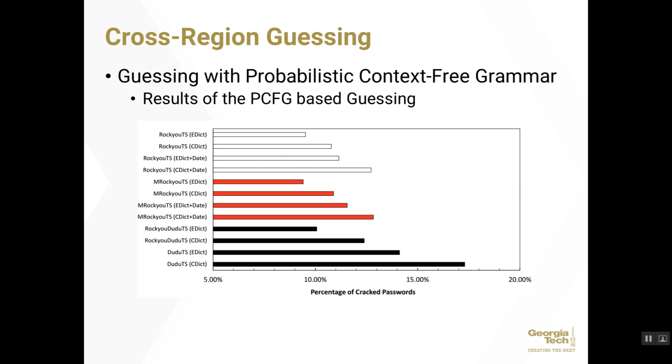Finally, if we use the Chinese dictionary and add the rows of dates, we will get a considerable improvement for the MWTS. We increase the guessing efficiency by 34%.